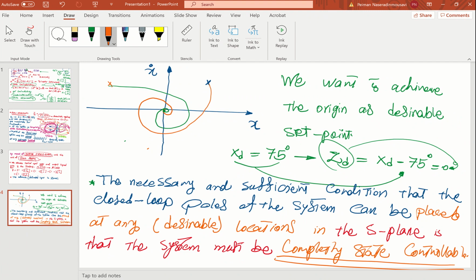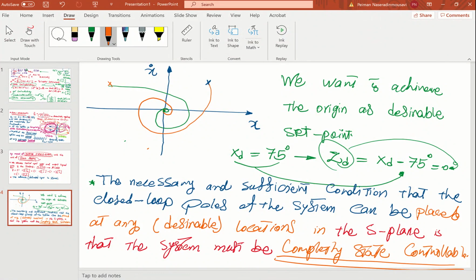That's right. If your system is not completely state controllable, meaning that the rank of the controllability matrix is not n for the nth order system, or is square, controllability matrix has zero determinant, is singular, okay, the poles of the system cannot be placed at desirable points.